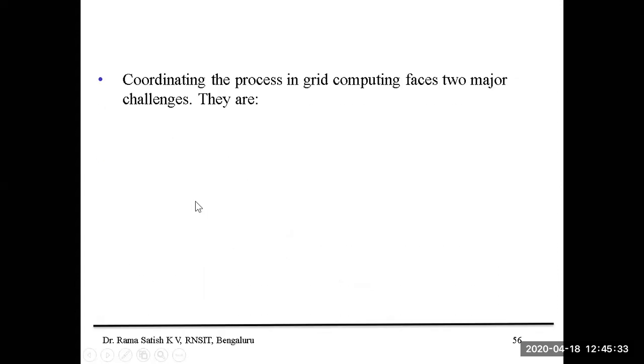And of course, coordinating the process in grid computing faces two major challenges. When we compare grid computing with MapReduce, MapReduce has a lot of advantages, but grid computing still faces two major challenges. First one, large-scale distributed computing.